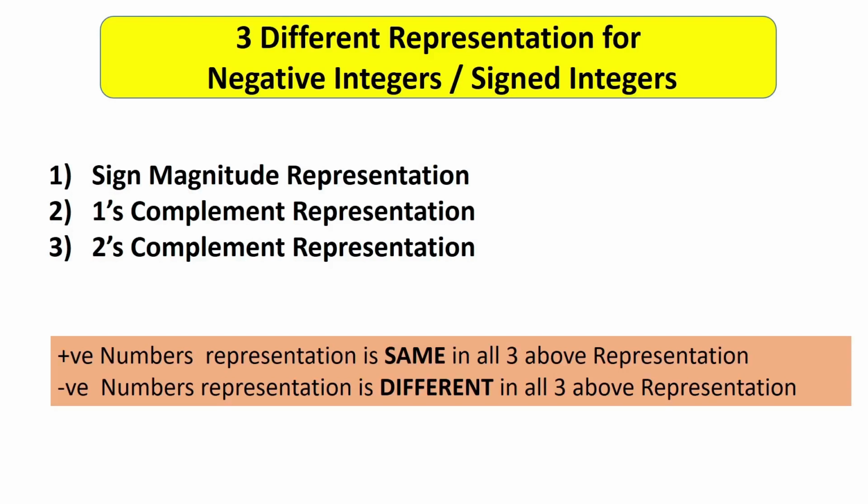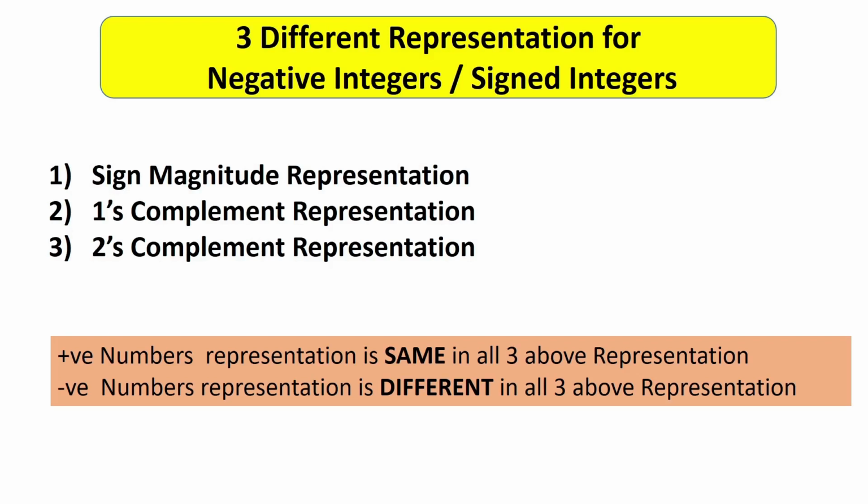Now in all of these three representations, a positive number is expressed in the same way. That means if you have a given positive number, all three representations will express it in the same binary format. But for a negative number, all three representations will express a given signed integer in different binary formats.